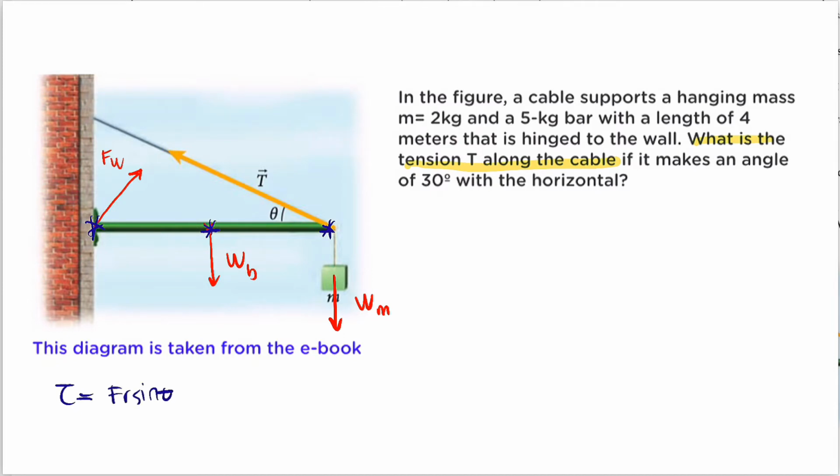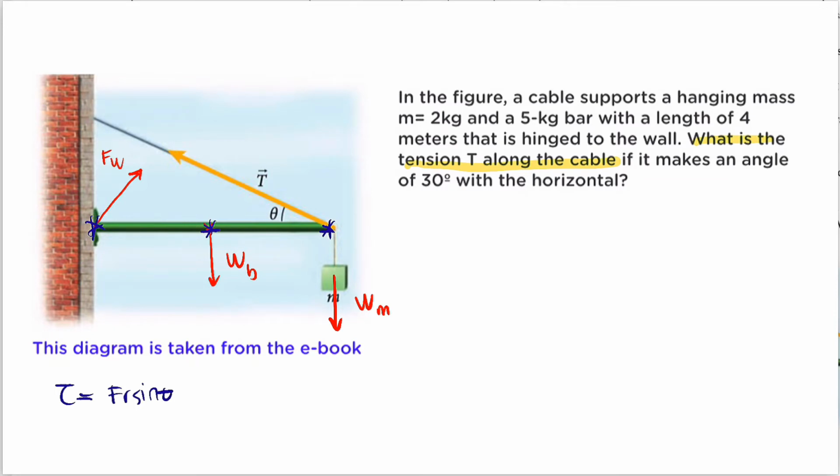So if the force is acting on the pivot point, the r becomes 0, and therefore the torque that is being caused by that force becomes 0. So here we cannot assign this as our axis of rotation, because it would cancel out the torque that is caused by the tension, and therefore we will not be able to solve the problem. Remember that we are interested in tension.